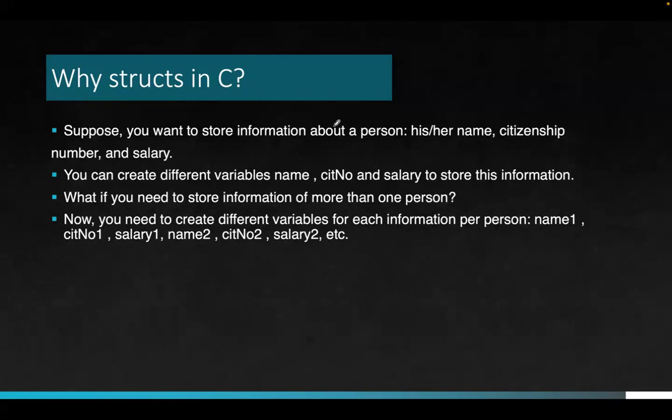In your society, you have 1,000 persons, right? So for these 1,000 persons, you need 1,000 into three. Three variables we are storing for every person, right? So 3,000 variables are needed to store every person's information, which is very difficult, right?